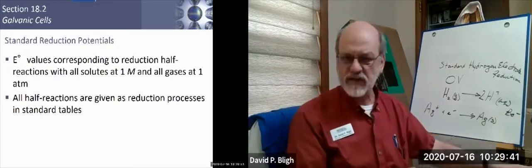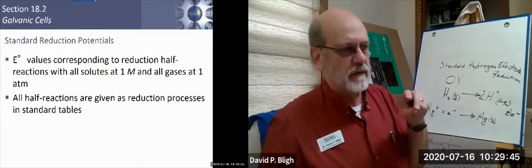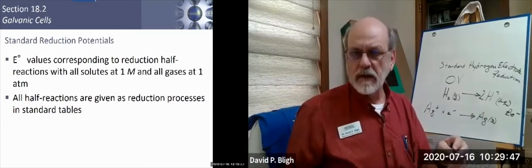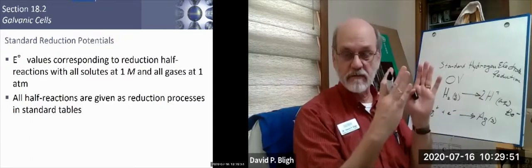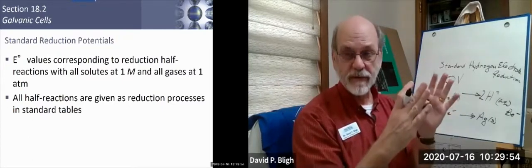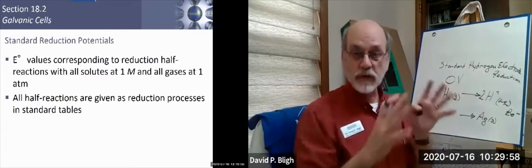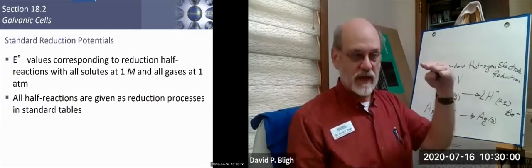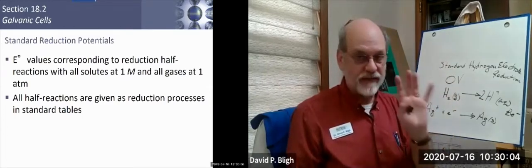And your book has a chart with all those in it. The review document has at the end a reprint of the standard reduction potentials. And for the exam, in the folder for the exam is a document with the standard reduction potentials right there.